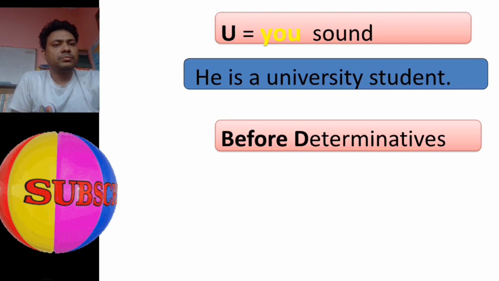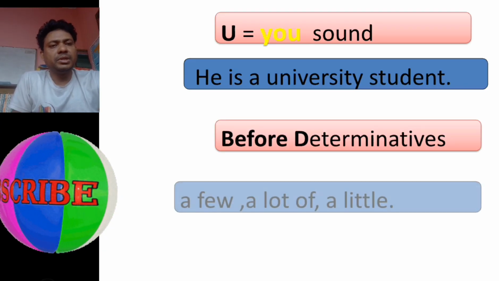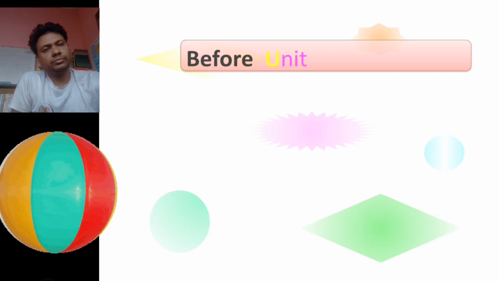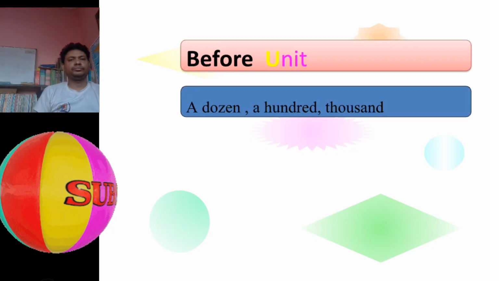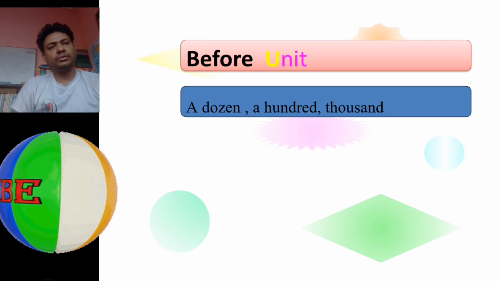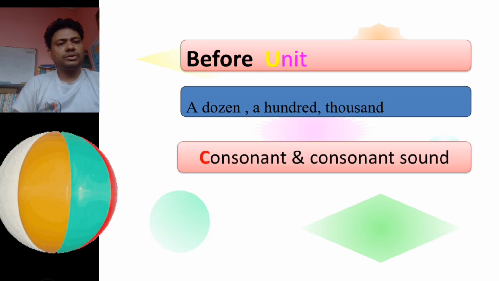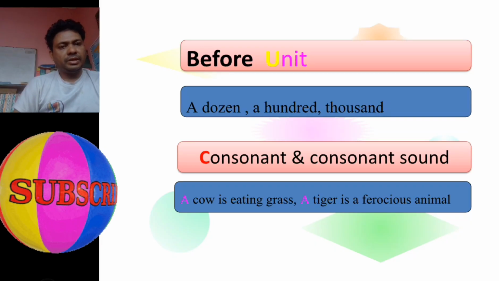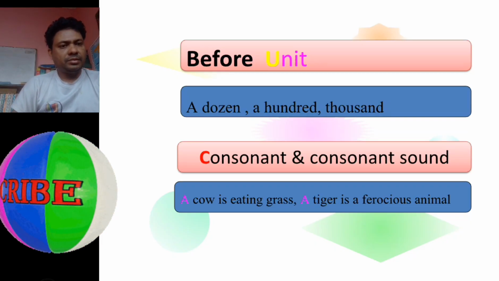Before determinative, determinative এর পূর্বেও a বসে. A few, a lot, a little, and so on. Before unit: a dozen, a hundred, a thousand, and so on. Consonant sound এর পূর্বে a বসে. A cow is eating grass. A tiger is a precious animal.